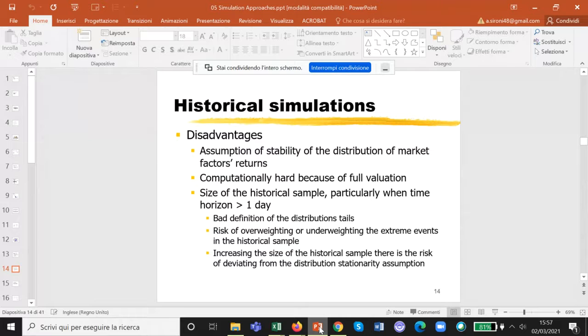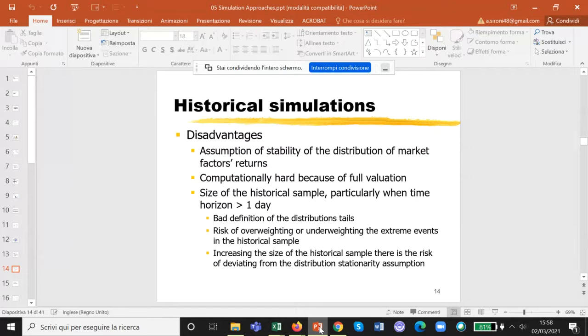Finally, one of the problems we have with historical simulations is the trade-off in the choice of the historical time horizon. A bit like we had with historical volatility in the parametric approach. Here the problem is the following. Assume, for example, that I use a historical sample of 100 days.